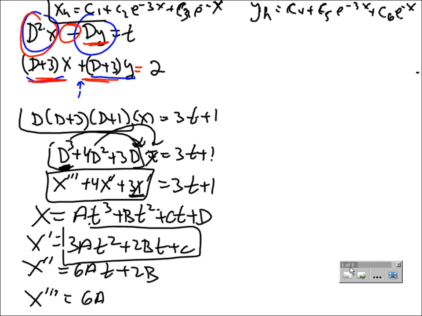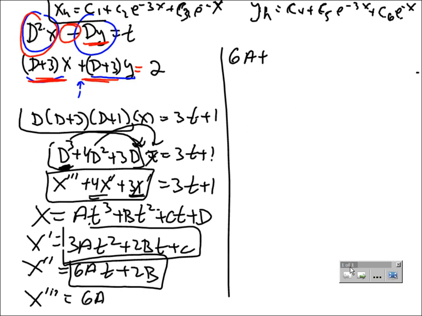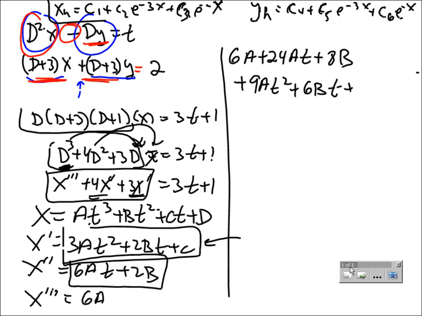They're all just careless, silly mistakes. X triple prime plus 4 times x double prime. Multiply it by 4: 24at plus 8b. Now I add on 3 times that: 9at squared plus 6bt plus 3c.